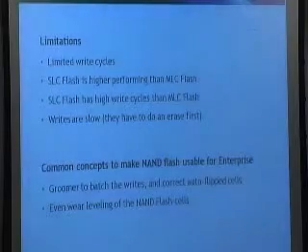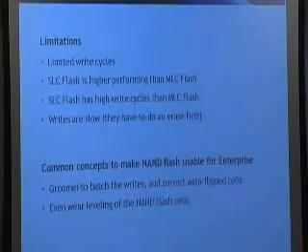SLC only needs to store two distinct voltage levels, so it needs to differentiate between only two levels, whereas MLC needs to distinguish between 4 different levels of voltage. So as you can imagine, because of that, MLC will lose its ability to distinguish the difference between 4 levels much sooner. That is the reason why MLC is said to have less write life than SLC.